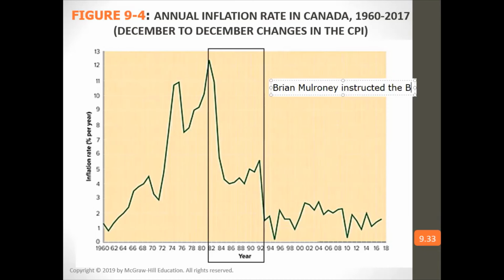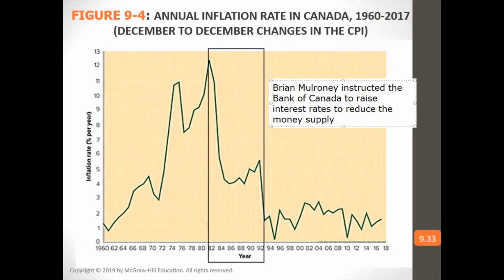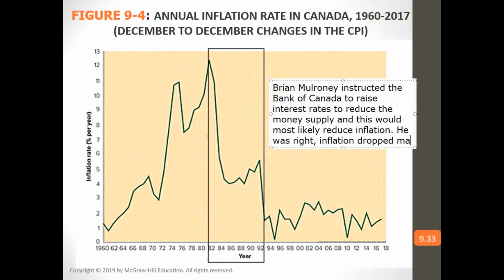Brian Mulroney instructed the Bank of Canada to raise interest rates to reduce the money supply. And this would most likely reduce inflation. He was right. Inflation dropped massively, like you see this drop here.